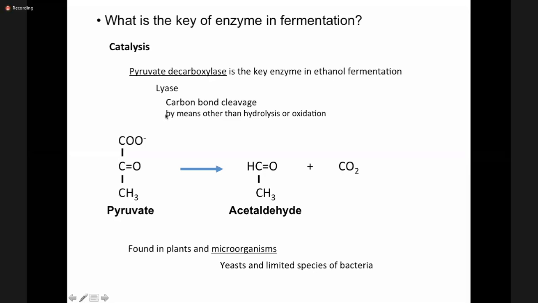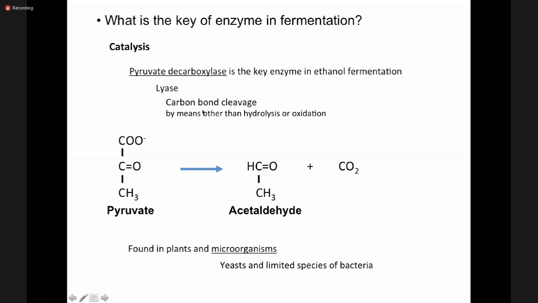And the important thing is by means other than hydrolysis or oxidation. So this is how we categorize the enzyme. If an enzyme catalyzes hydrolysis or oxidation, it should belong to another group.